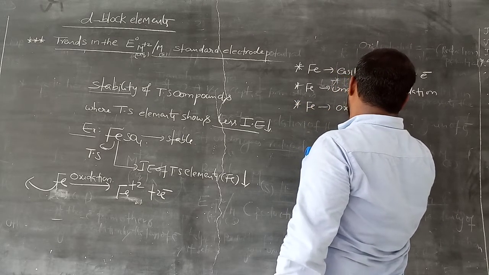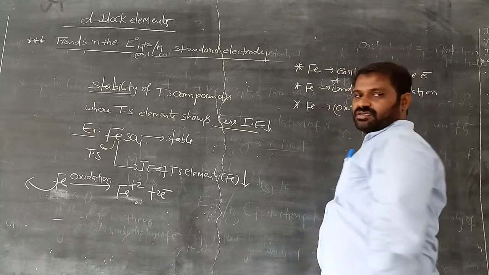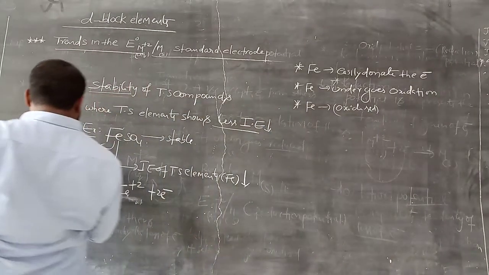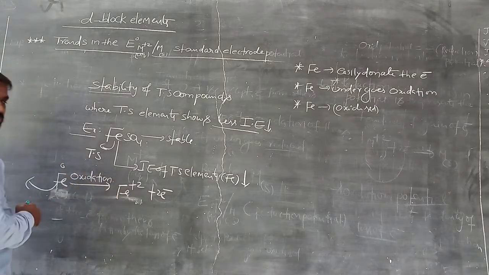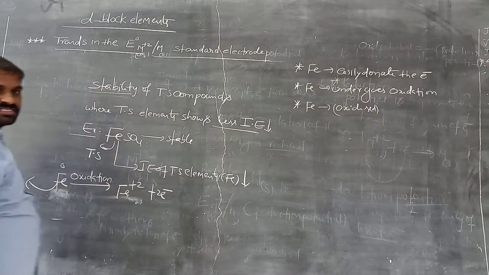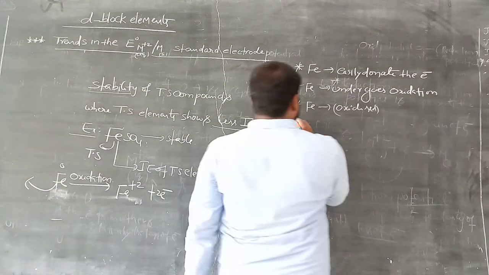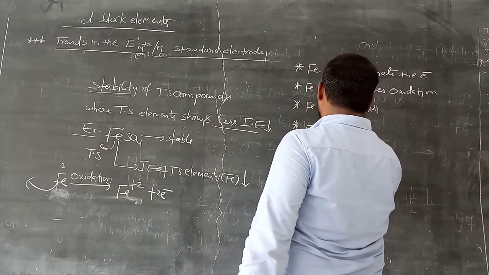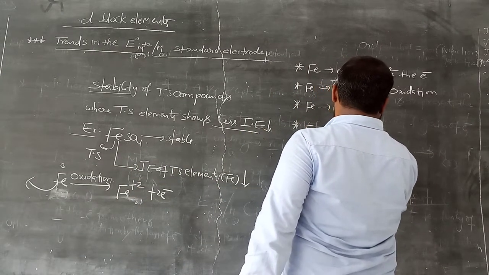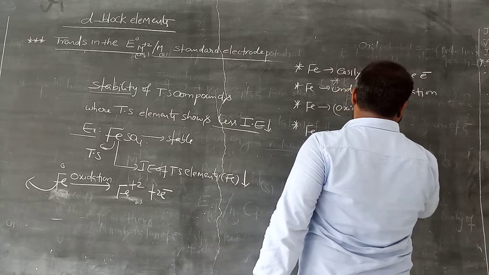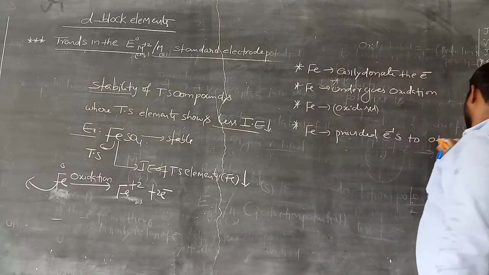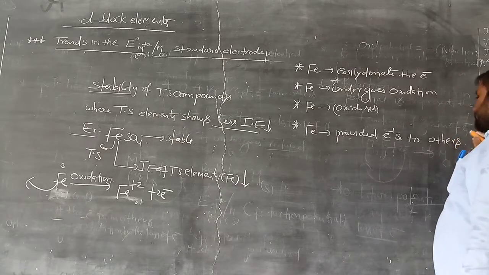That means iron is oxidized. Oxidized means it loses the electrons. Why? Because here the oxidation state of iron is 0, and here it is +2. Oxidized. That means iron provides the electrons to others.